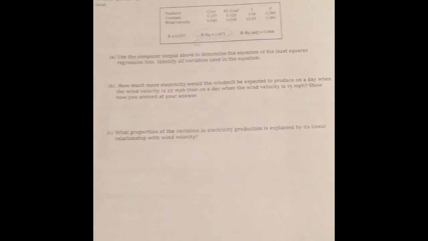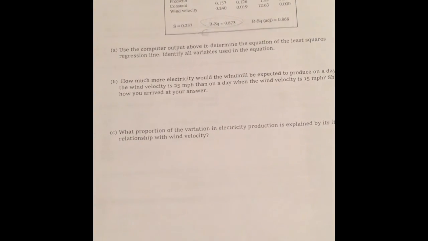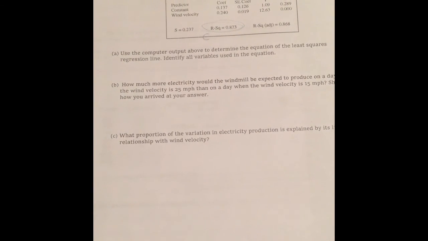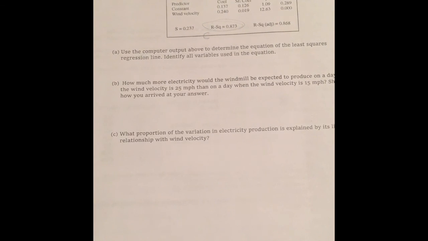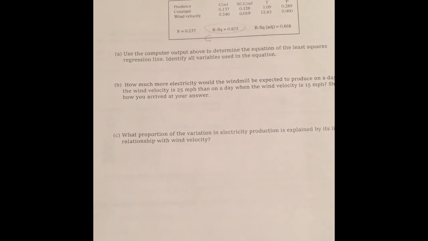Alright, so now with the AP question, it says windmills generate electricity by transferring energy from wind to a turbine. A study was conducted to examine the relationship between wind velocity in miles per hour and electricity production in amperes for one particular windmill.